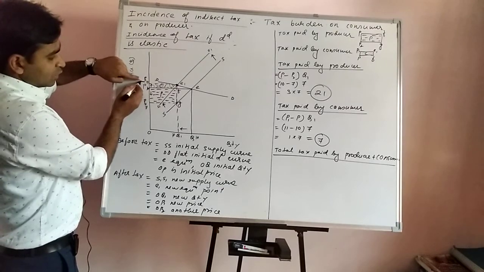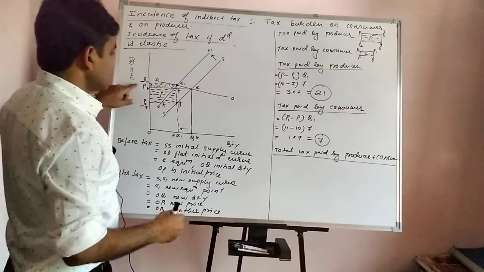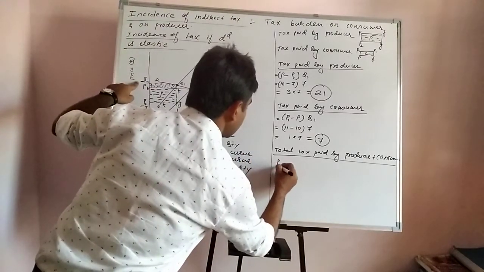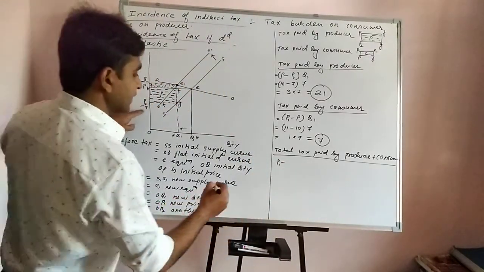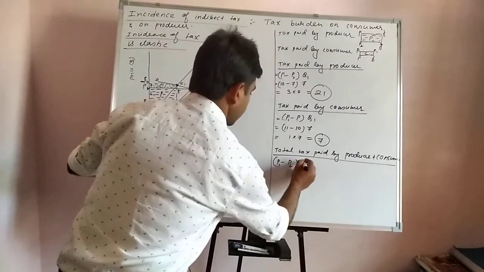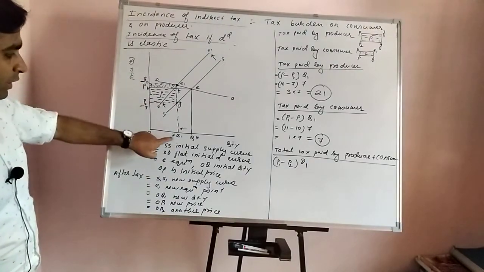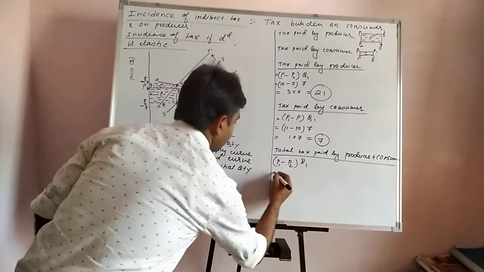The first, this one, this will take P1, and the last P2, because we have to take total. So P1 minus this P2, into Q1, fine. P1 minus P2 into Q1. So what is the P1 value?